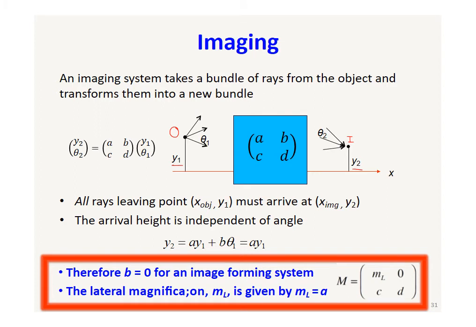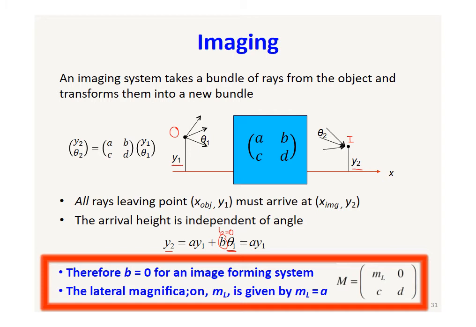So what that means is that the arrival height, Y2, must be independent of the launch angle. So this B has to equal 0 if it is a system that's imaging.